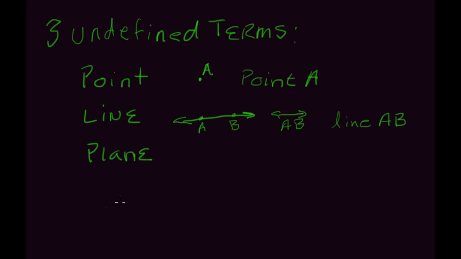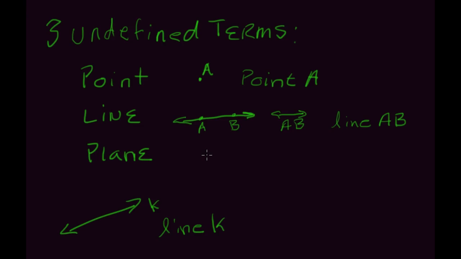Sometimes we might do something funky here, like draw a line and put a script letter next to it, and we could call that line K. This happens in this course, so you may just want to be aware of that. But the typical naming convention of a line is to use 2 points that are on the line.